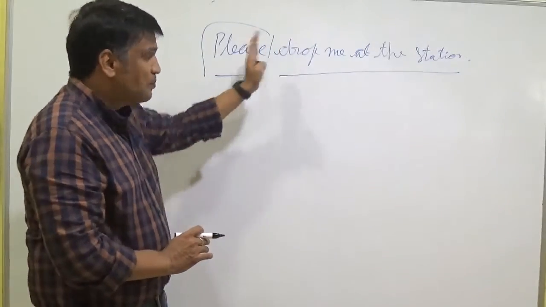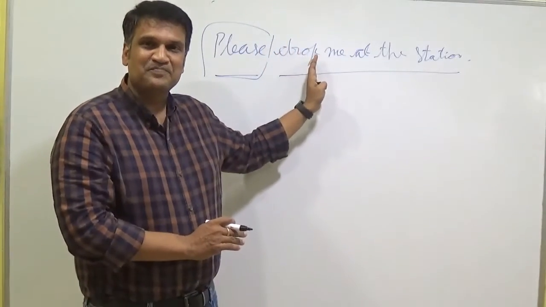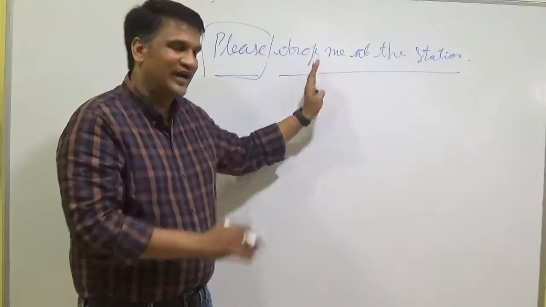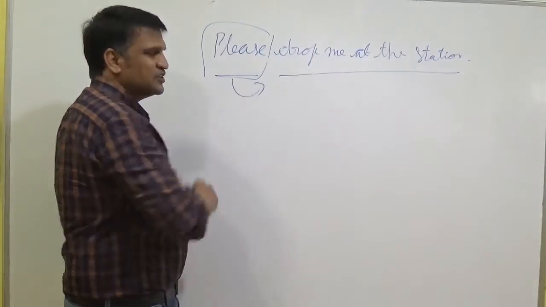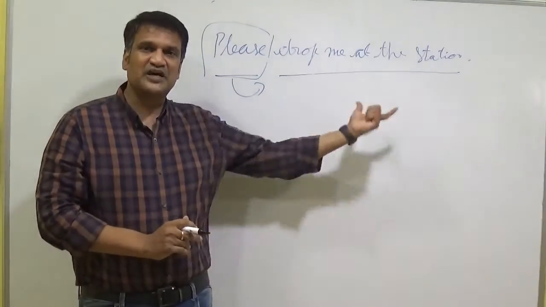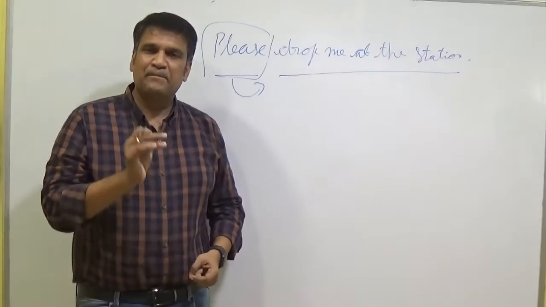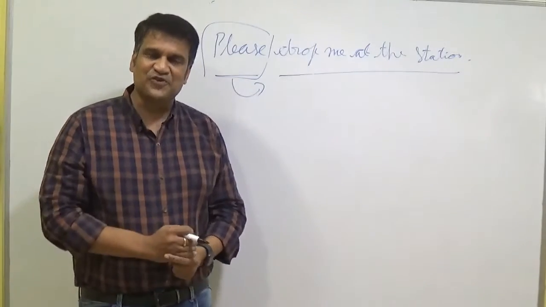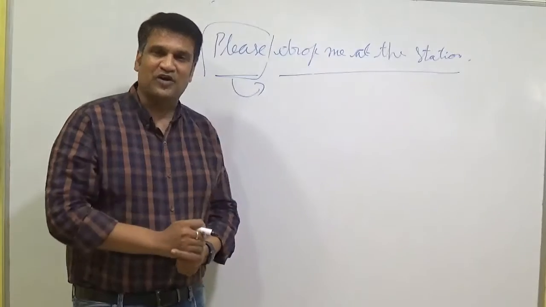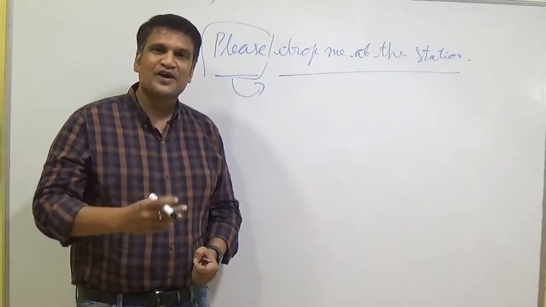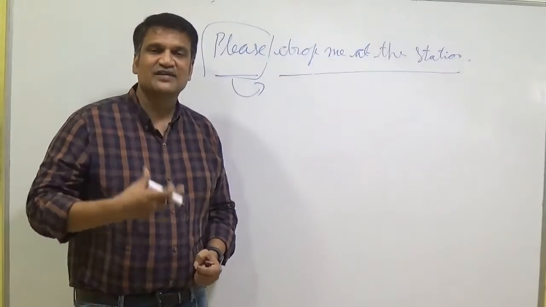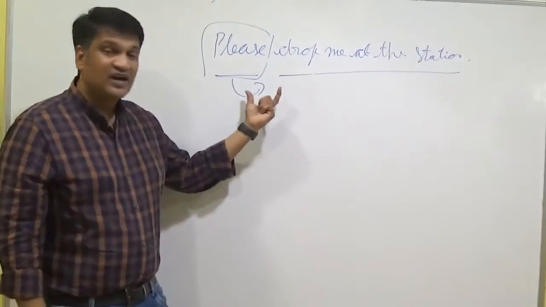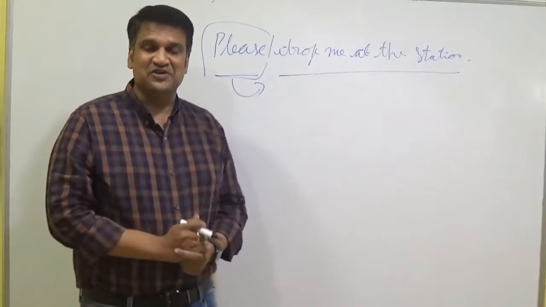And to make this order more polite, we are adding the word please to the imperative sentence. Please is an adverb. Please is a word which is added to an order to make it a more polite order. It becomes a polite order.